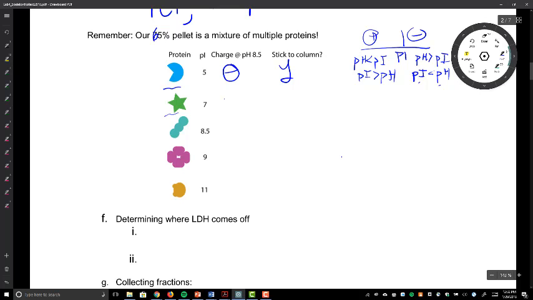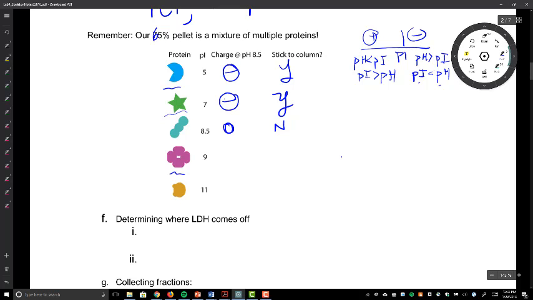The star protein, which has a PI of 7, that PI is also less than the pH of 8.5, so it too will carry a negative charge and will indeed stick to the column. This protein here has a PI of 8.5, which is exactly the same as the pH of the buffer. So the charge of this one is probably going to be neutral and likely won't stick to the column.